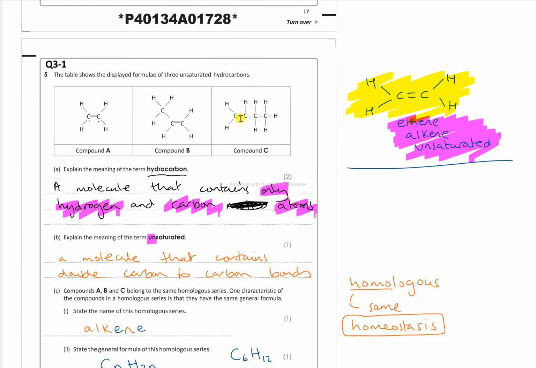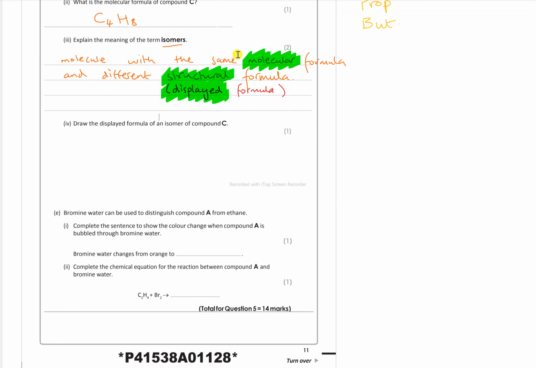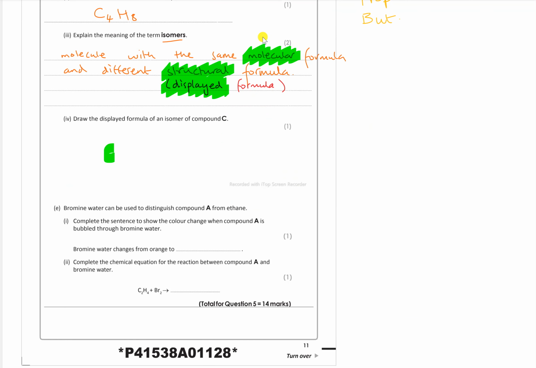Right, we need to draw it. The double bond is on the first carbon atom. I've got 4 carbon atoms, so I say 1, 2, 3, 4, and put the double bond there and single bonds there. Now start counting: each carbon atom has 4 bonds, so I stick hydrogens on the end of those until each carbon has 4 bonds. So that's one way.